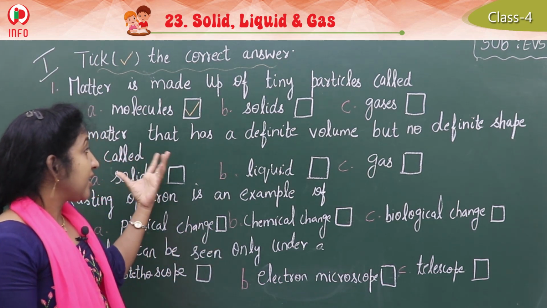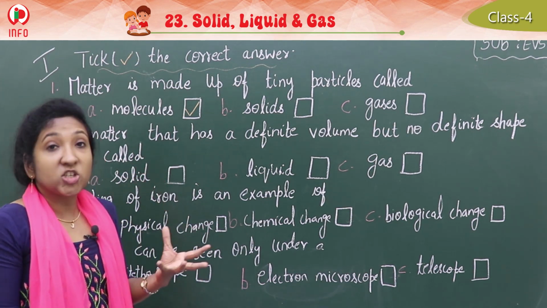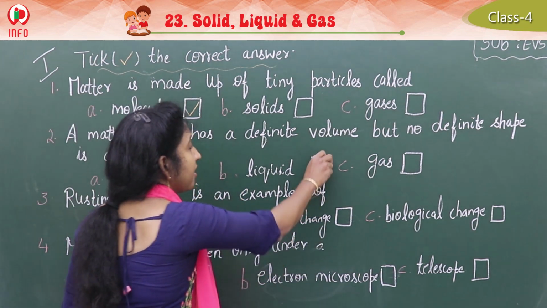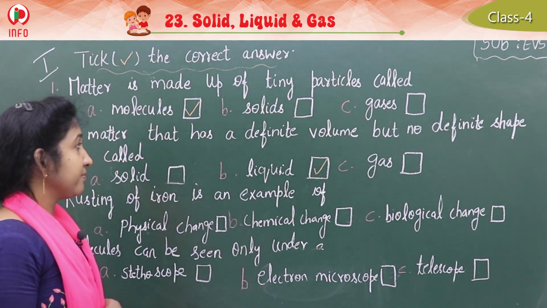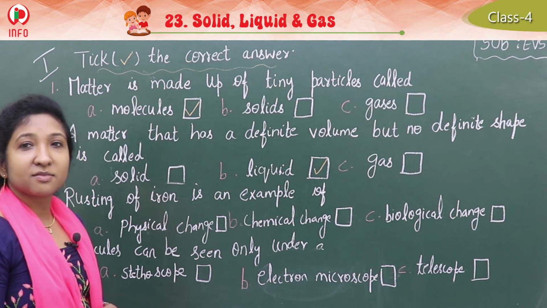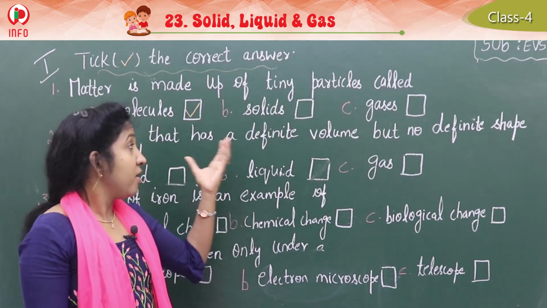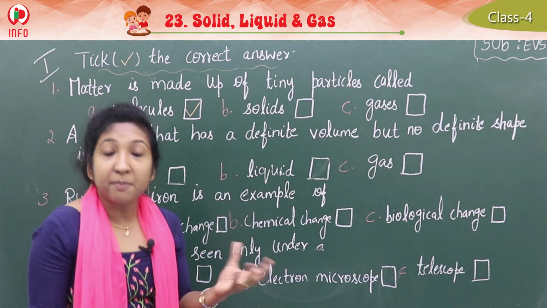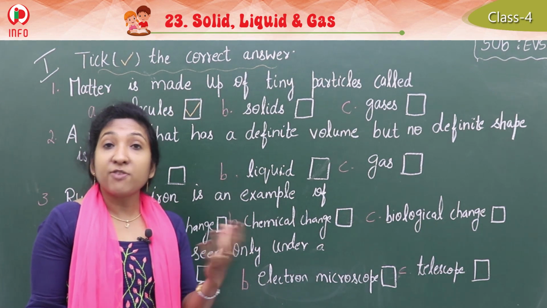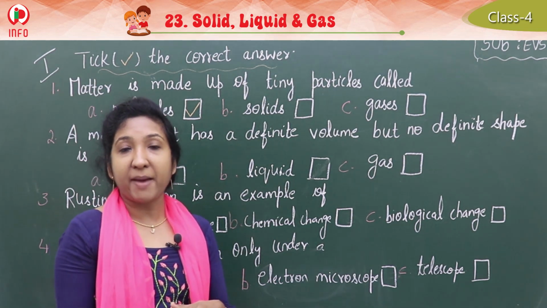So the matter that has a definite volume but no definite shape is option B, liquid. L-I-Q-U-I-D, liquid. You can tick mark here in the square box. Liquids, the force of attraction is not as strong as in solids, because the molecules are less closely packed.